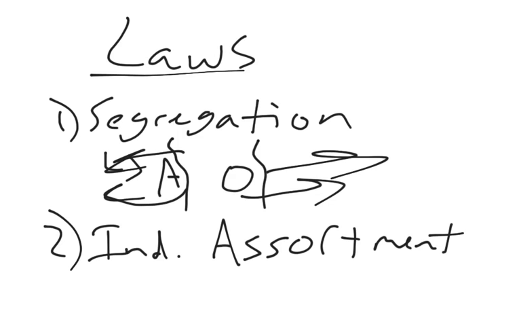It's a law of independent assortment. Seed color and seed shape aren't inherited together necessarily. Okay? If they're on different chromosomes, they can be inherited differently. Okay? There's no dependence between genes. All right? It's all up to the chromosomes and how they separate. So those are the two laws that we have from Mendel's research.